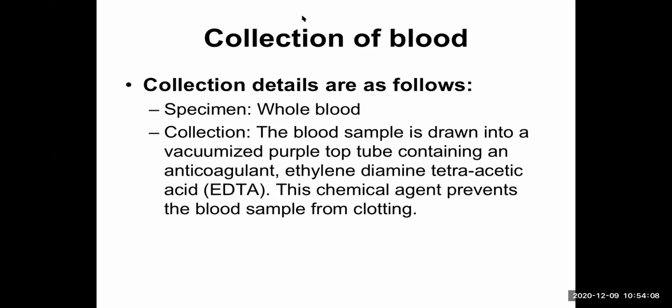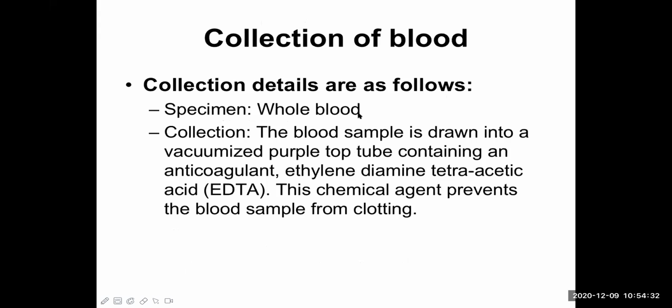Now, let's move further. One of the basic things every student should know is how to collect a blood sample in the lab. If you are interested, you can go to the lab during your internship and practice how to collect the blood sample. Or in the inpatient, you can collect right there at the patient's bed also.